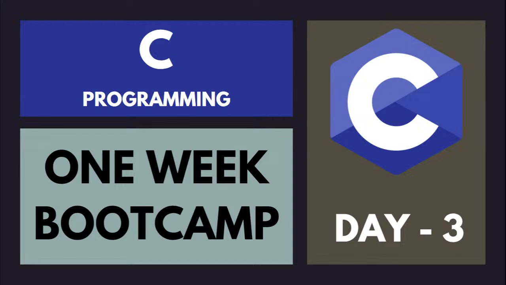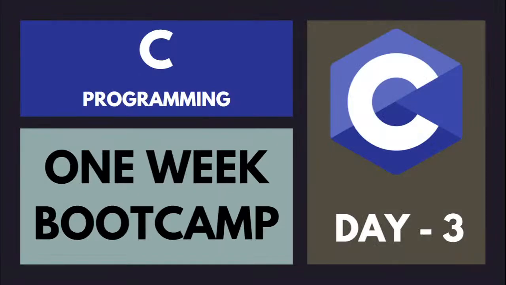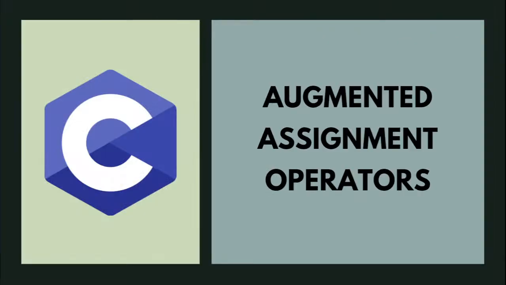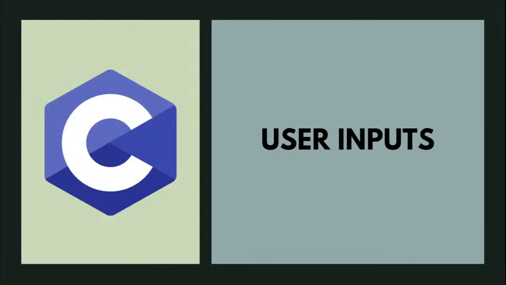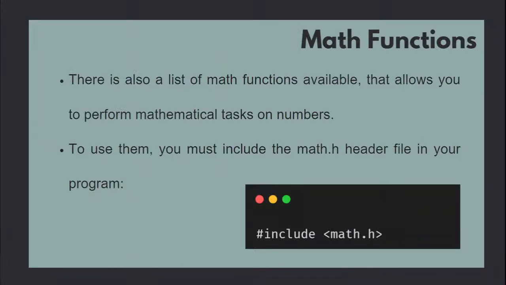In this session, we are going to see some arithmetic operators. We are not going to see any comparison operators today, but we'll see some other things which are very basic and required. We will be seeing arithmetic operators, then augmented arithmetic or assignment operators, then user inputs, different types of inputs, then math functions.